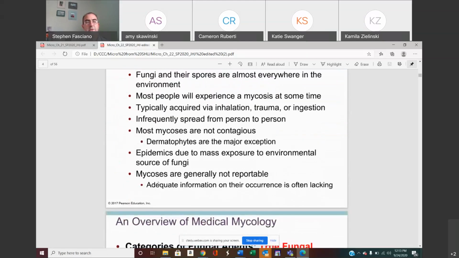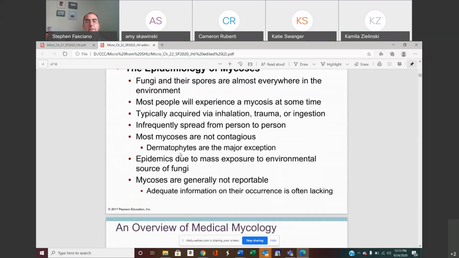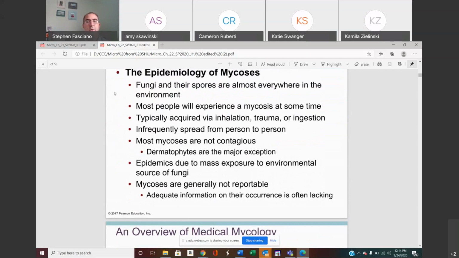So the epidemiology, kind of the history of it: fungi and their spores are almost everywhere in the environment, and most people will get some sort of a fungal infection at some point in their life. You may not even know it, right? Typically acquired through inhalation, trauma, or ingestion. So usually these are little spores that you either inhale or somehow they get into your mouth when you're eating.